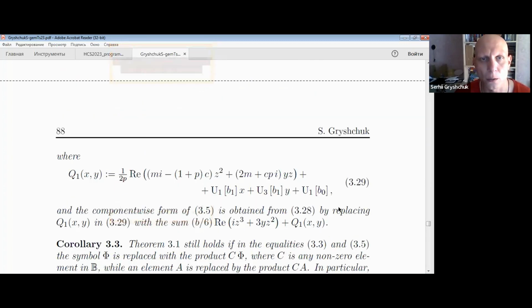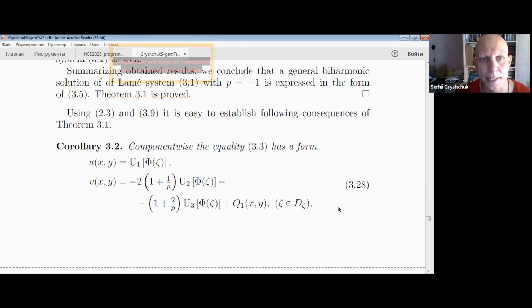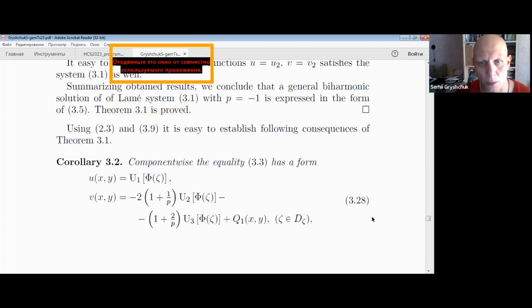And also we can obtain corollaries when we find components of the equality 3.6. We obtain such formulas. Here we see that U equals the first component of our monogenic function phi.